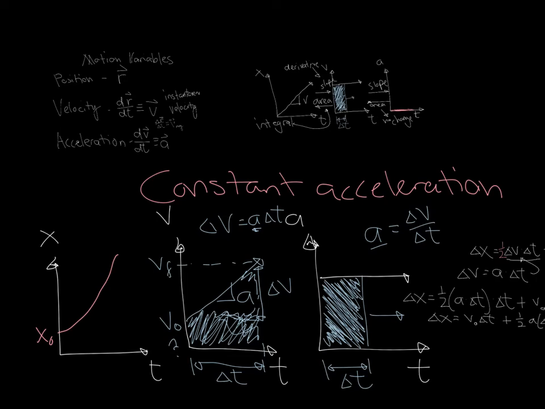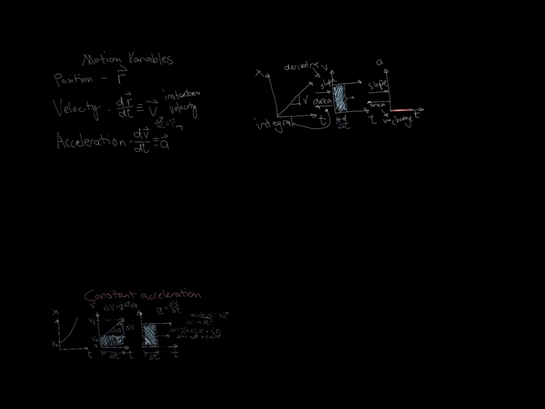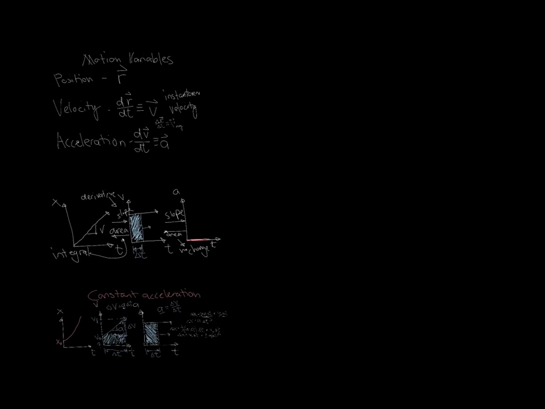One thing I do want to finish with in summarizing the equations, we kind of look at the equations that we have. We essentially have, this is really the main one, right? Delta x equals v naught t plus 1/2 a t squared.